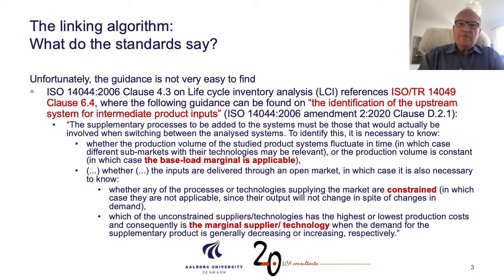That means that when you have a high production cost, so a low competitiveness, then that is the one which is relevant in a decreasing market. In an increasing market, the one with the lowest production costs, so the most competitive, is the relevant one.